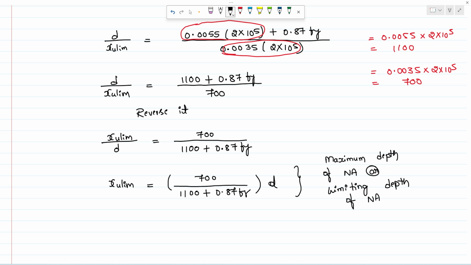So if you remember this equation, you can evaluate the maximum depth of neutral axis for various grades of steel.